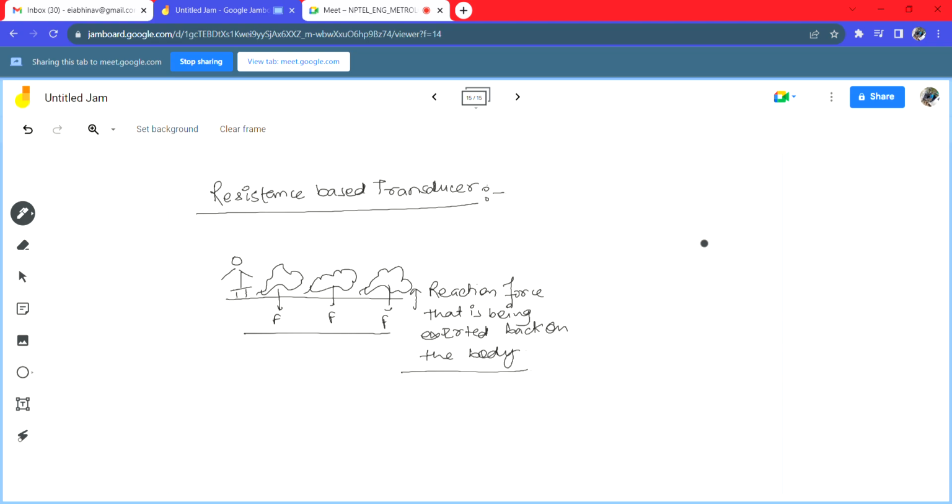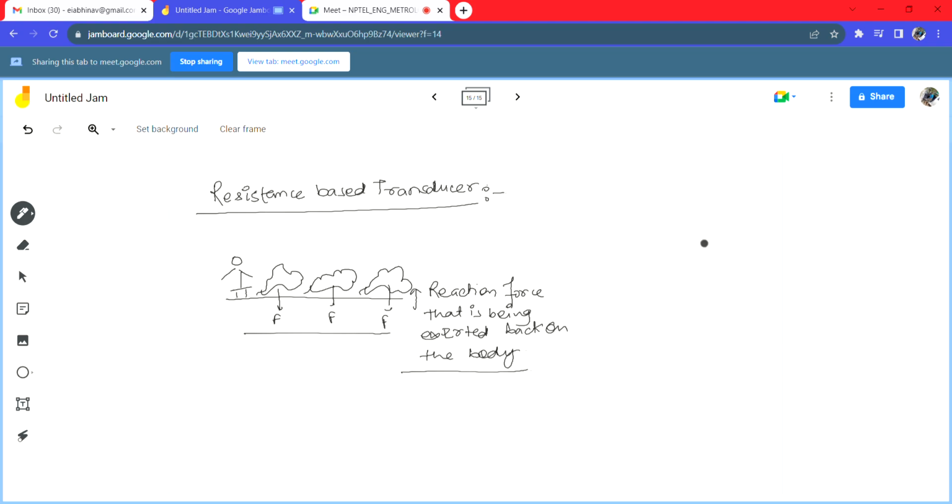Now this is a very important health parameter also, and doctors also want to know how much force is being reflected back to the body while a person is walking. So we need to design a system such that we can measure the forces that a body exerts on the ground while walking, and as it does so, what is the reaction force that is being exerted back to the body. So let us see how we can measure forces using these transducers.